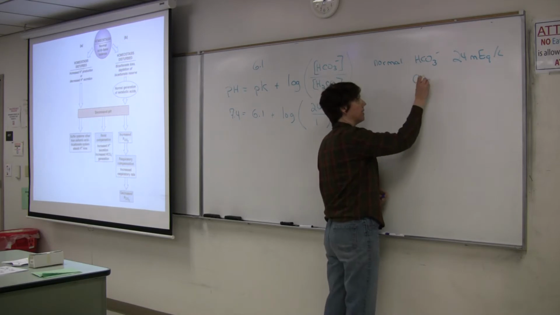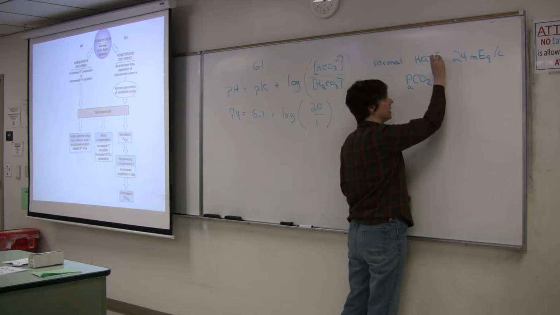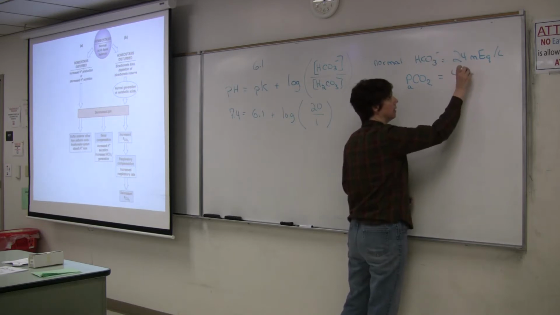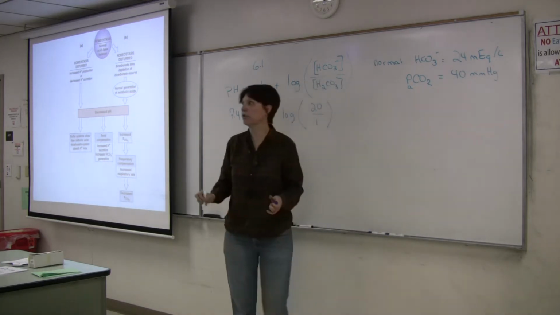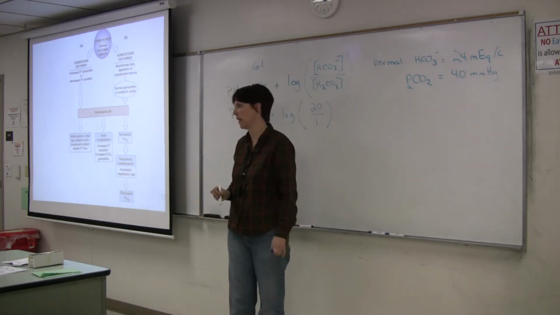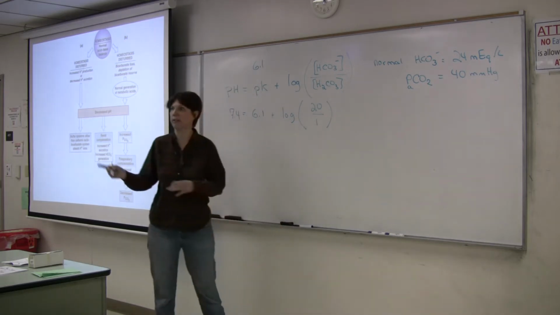Carbon dioxide, pCO2, in arterial blood is 40 millimeters of mercury. So that's what we're going to use for our normal values when we're trying to decide whether or not someone's values are above or below normal, rather than a range.